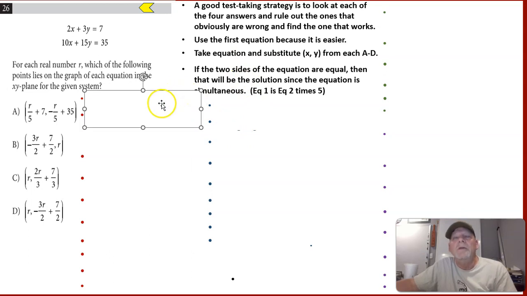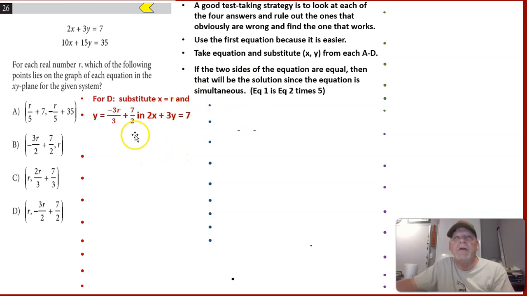So let's go ahead and get started. Let's just start with D because I have to start somewhere and then I'll work backwards. So in D, the x is r, and I'm going to substitute an r in where there's an x. So I'll put an r right where this x is. And where this y is, I'm going to put this long rational expression.